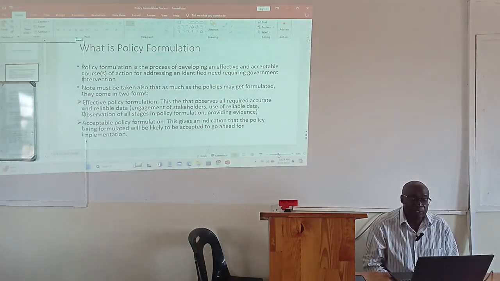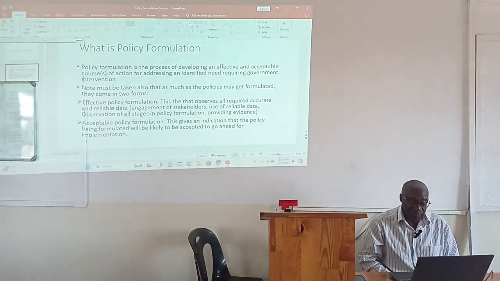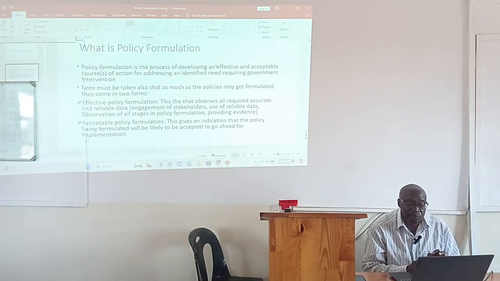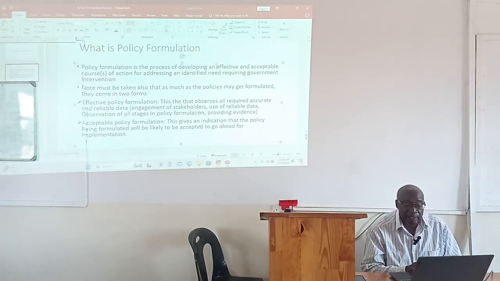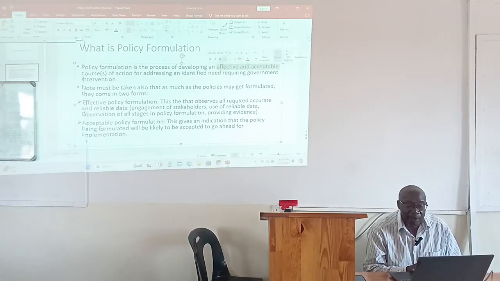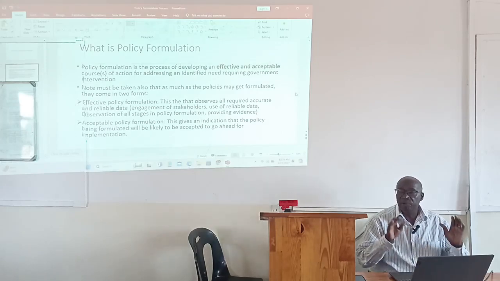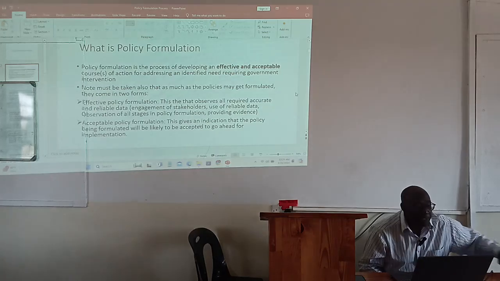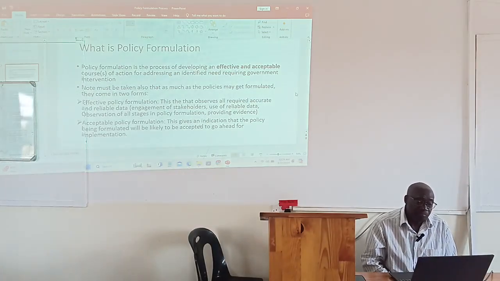So it is about how we develop, and very importantly, look at these two terms here, an effective and acceptable course of action. In other words, are you developing a policy which is going to be effective, or are you developing a policy which is going to be acceptable?